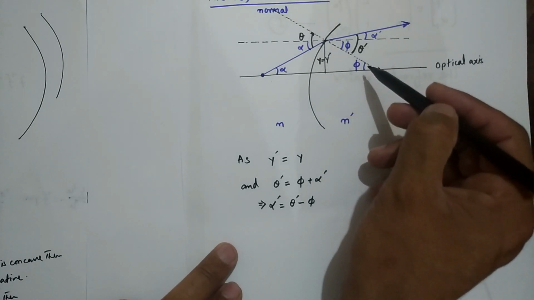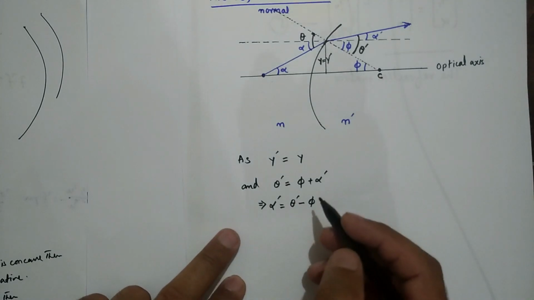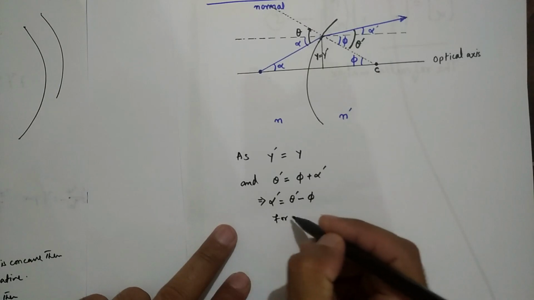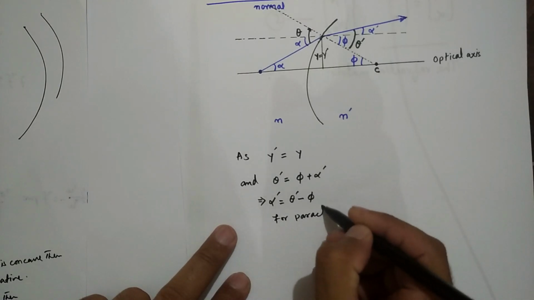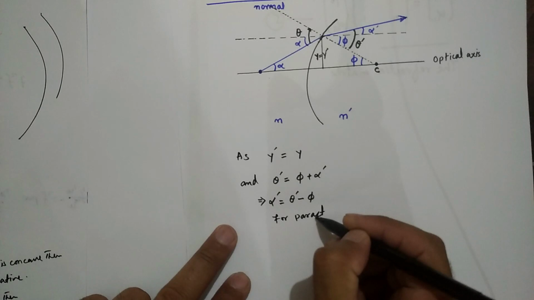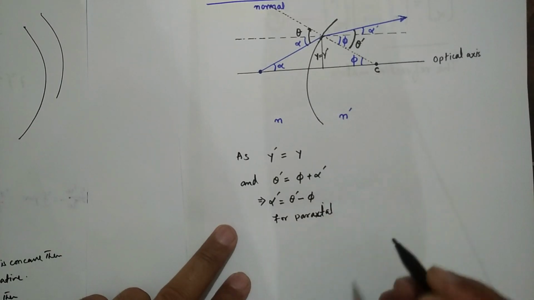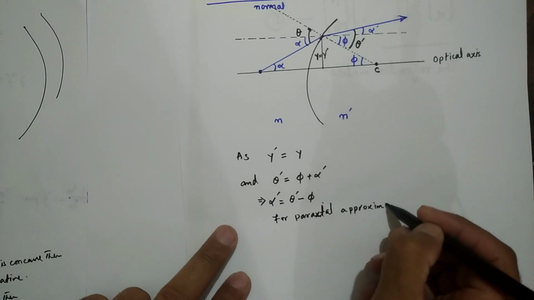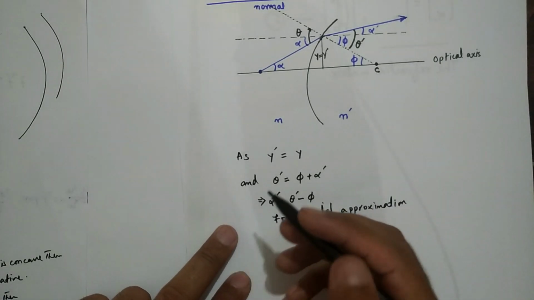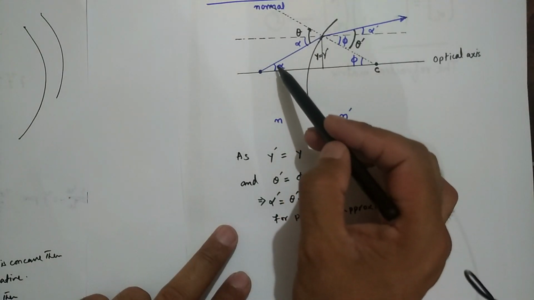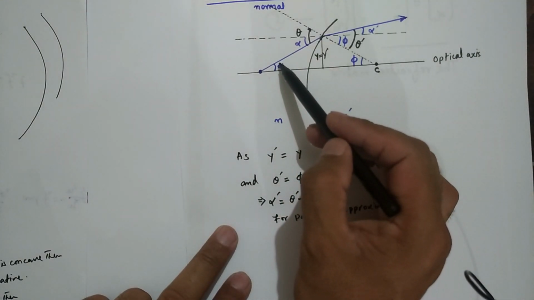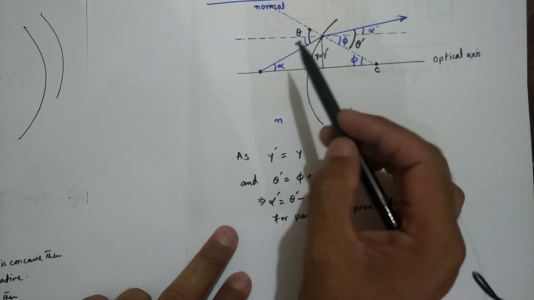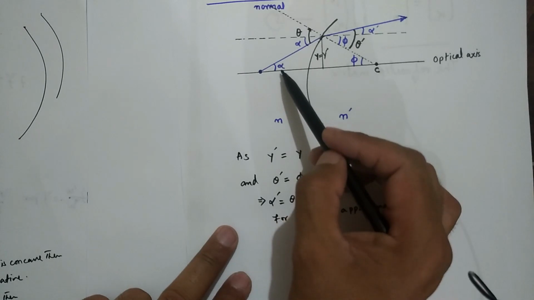For small angle approximations, the paraxial approximation, which means if the angle of the incident ray with the optical axis is very small.